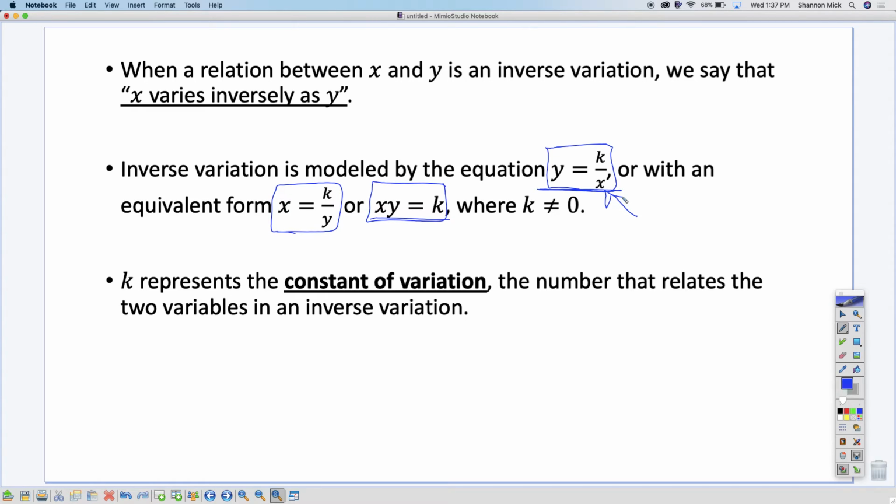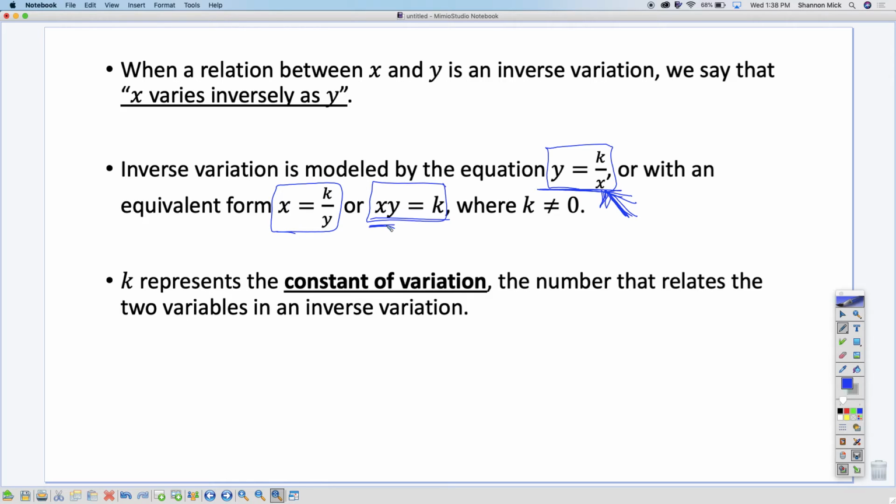We know enough algebra that we should be able to move things around and figure out if they're all equal to each other. So when it asks us for an equation, we will be using this right here. But when it asks us if they are inversely related, then we'll be using x times y because they'll already give me x and y. Still the same equation; pick which one you want to keep in your head. If you're only going to keep one, I would keep y equals k over x.